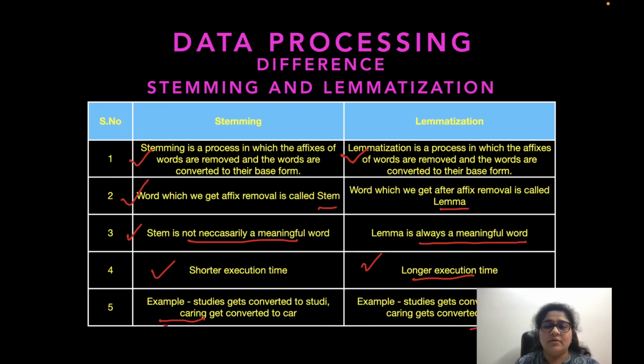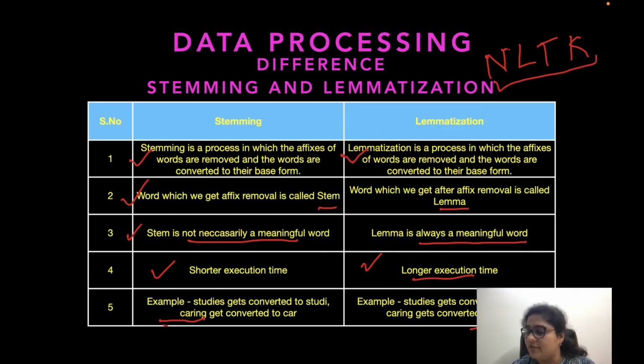And just one more point to mention here. If you are comfortable with Python, there is one very interesting library in Python named NLTK, the Natural Language Toolkit. This library will give you all the methods which will be used to do the text normalization steps.